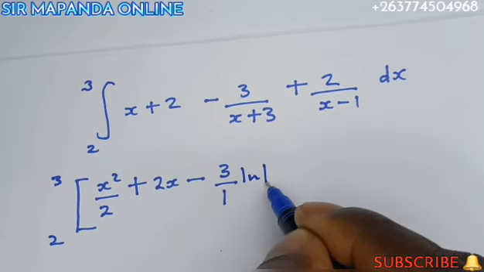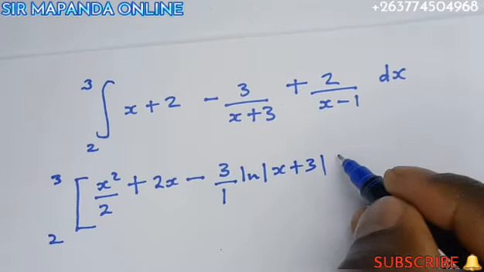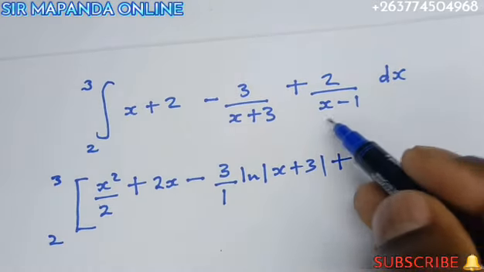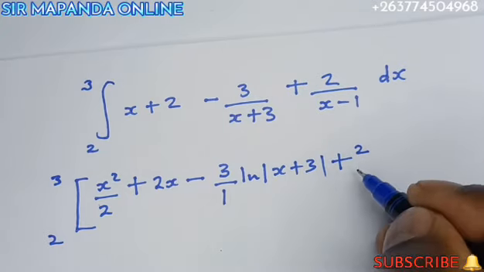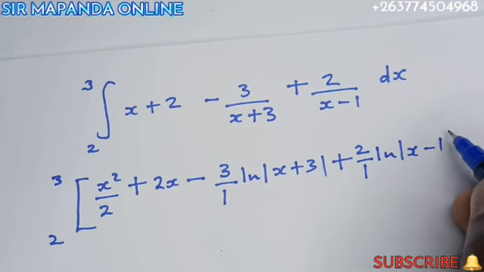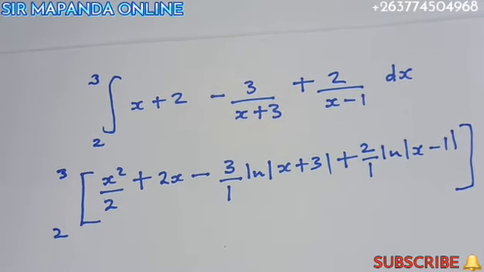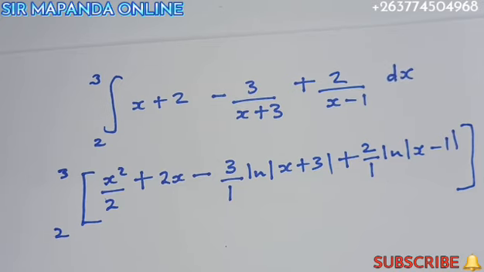Then you put ln x plus 3, something like this. Then on this one, you have 2 on top. Then the derivative of x minus 1 is 1. Then you put ln x minus 1. You close your bracket. So this is the integral, right?